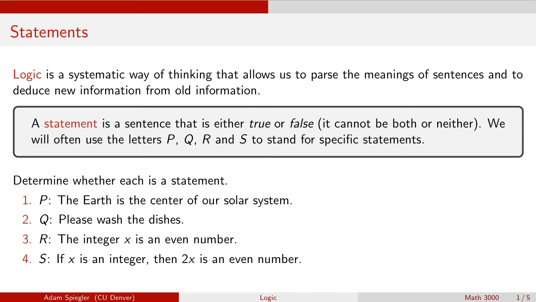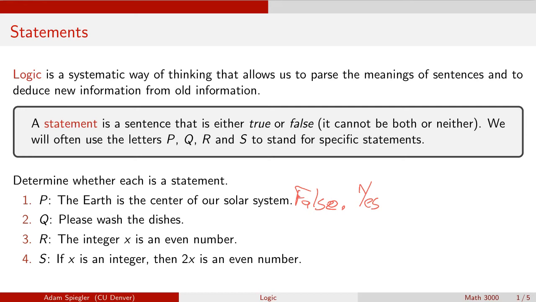So this would definitely be a statement here because this is a sentence which has to be either true or false. And this debate has long been decided that, in fact, the Earth is not the center of our solar system. So this statement is false logically. And because we can determine it is false, that makes this a statement.